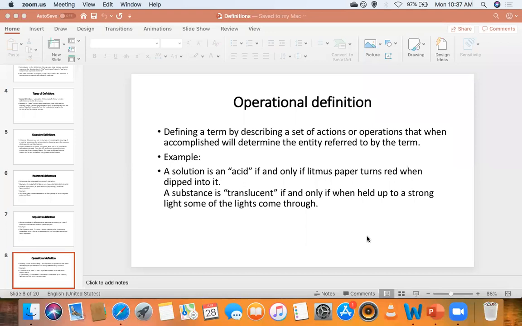For example, a solution is an acid if and only if litmus paper turns red when dipped into it. So that's a typical example of an operational definition. Such a definition shows you a certain step or operation or action that needs to be taken to realize such a thing, or to realize the definition.